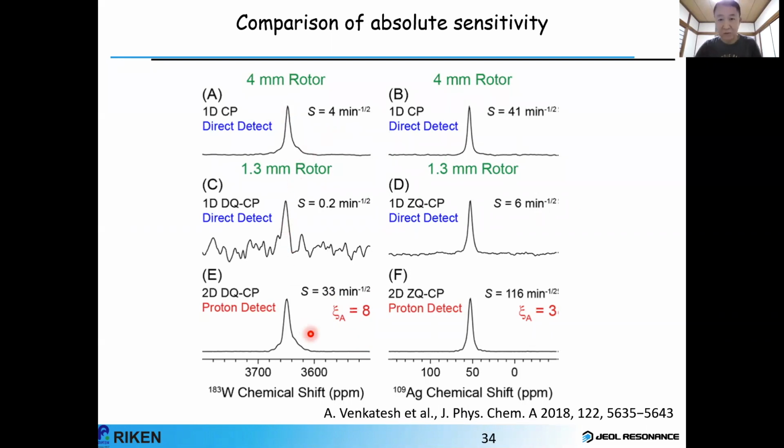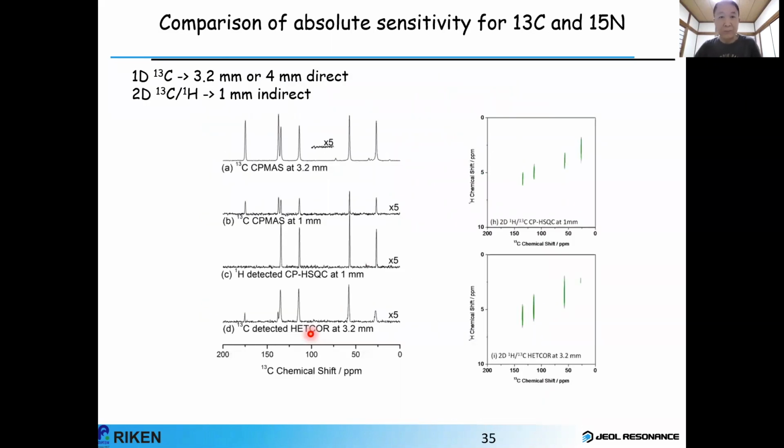This is true. And in practical applications, for many experiments we need carbon-13 NMR spectra and nitrogen-15 experiments. In these cases, proton detection does not actually provide higher sensitivity. In this case, we should use a large sample rotor, so sample volume is important for these experiments.